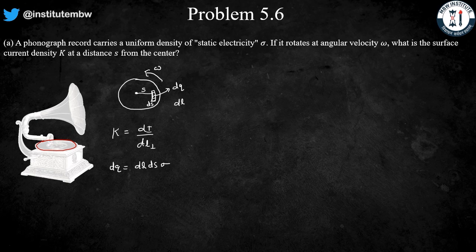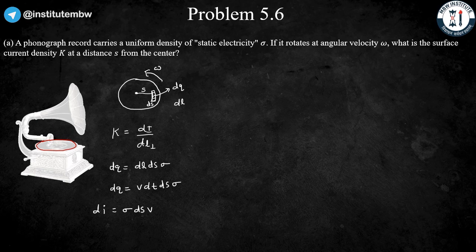Let's suppose it is having a velocity v at that particular moment. So dq is equal to v dt ds sigma. di will be dq upon dt, that is sigma ds and v. In this case, what is the dl perpendicular?